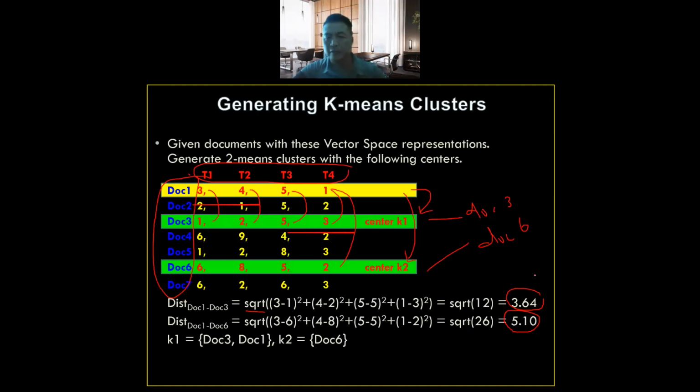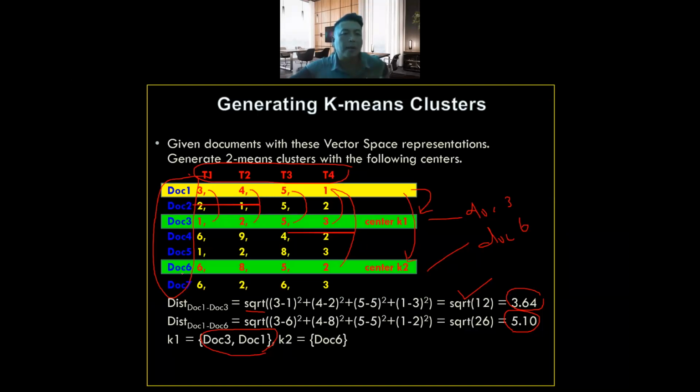So the smaller the value, the more similar they are. That means I will take the first one, so document 1 should belong to the same cluster as document 3. Now cluster 1 has 2 members, and cluster 2 has only 1.